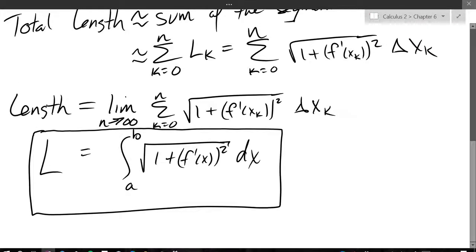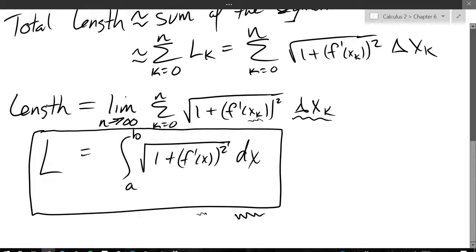When you take the limit, that goes back to calculus 1, where the limit of a summation is an integral, where certain things change around. Whatever your xk was is just x now, and your change in x is now dx.